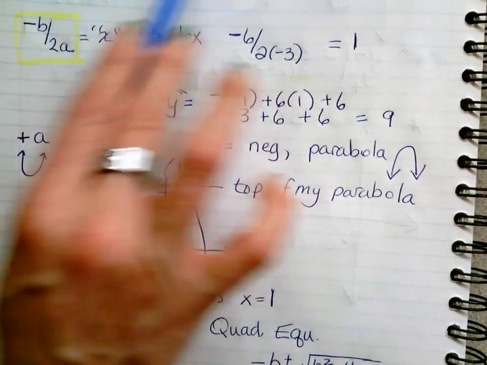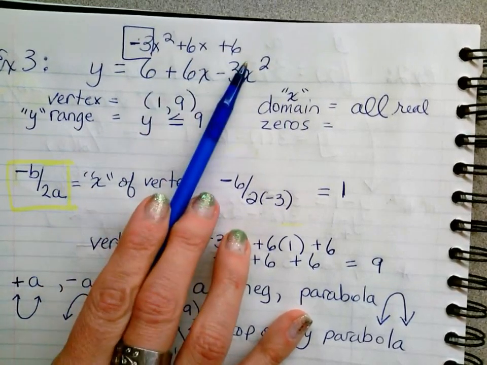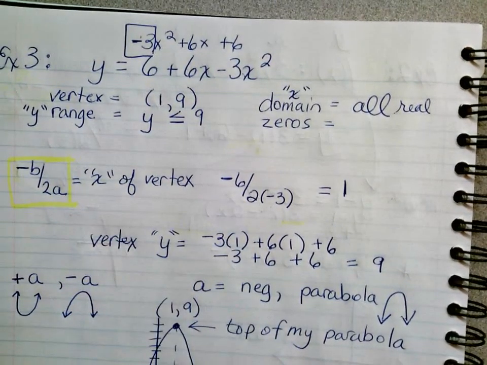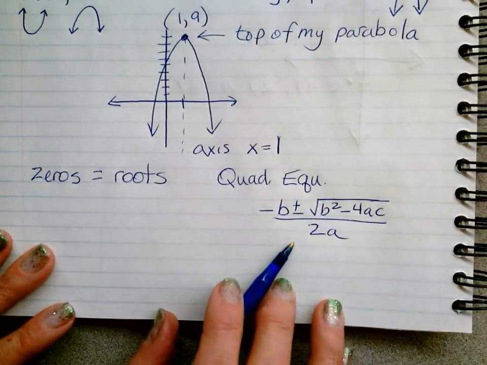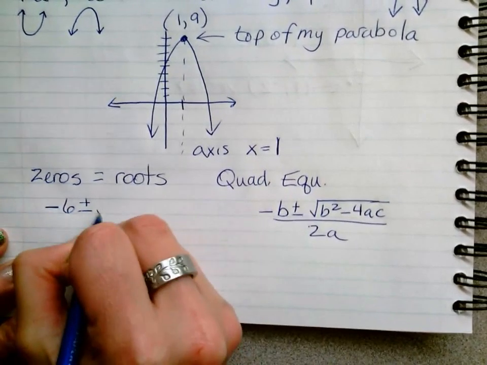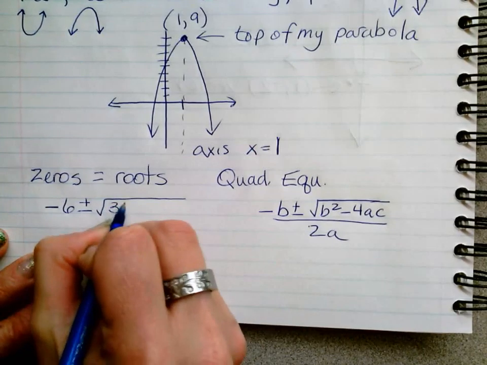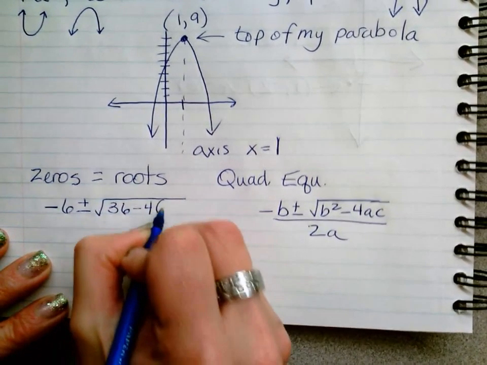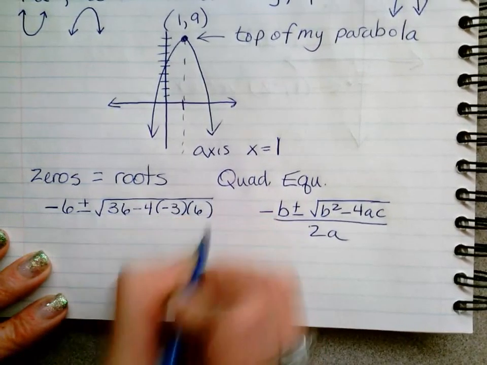So we're going to go back to this, plug in all the numbers. A, B, and C. You guys can see it. Opposite of B. So 6 is B, negative 6, plus or minus the square root of 6 squared, which is 36, minus 4 times negative 3 times 6.